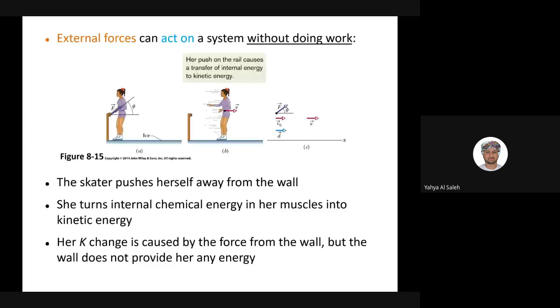She pushed the wall, it pushed her back. But where did the energy come from? Did the energy come from the wall? No, the energy came from inside her body. So the force of movement is from the wall, but the source of energy for her movement is not the force itself. It's not from the wall. It's from her inside.